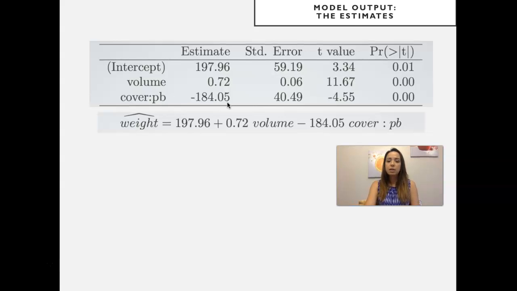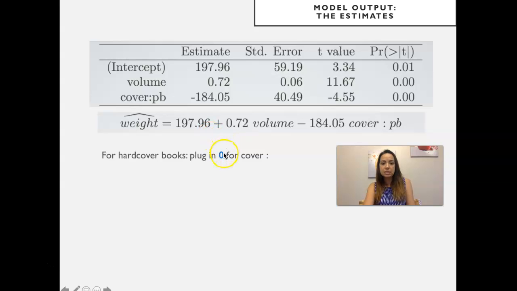Because only paperback is shown, we're assuming that R identified hardcover as the reference level. So if you want to predict weight for hardcover books, you would plug in 0 for cover, and this term would disappear.